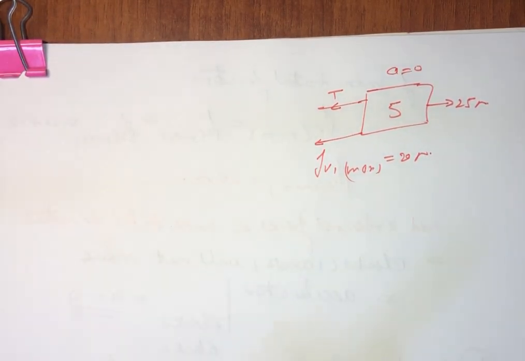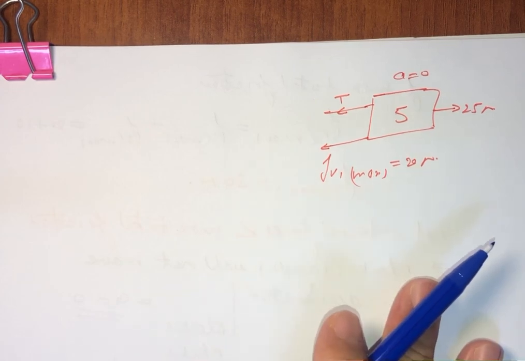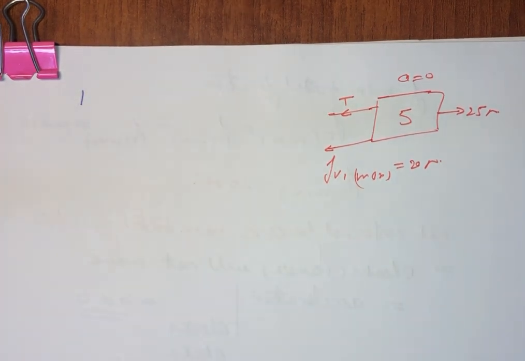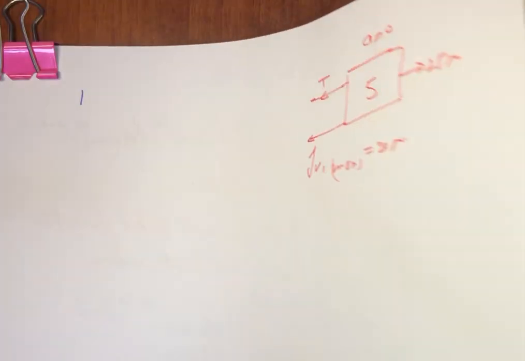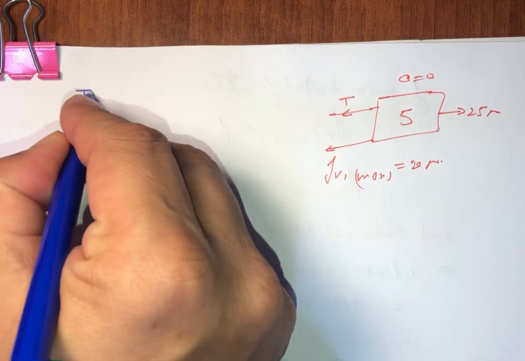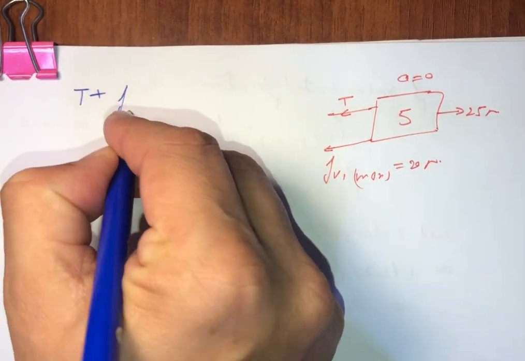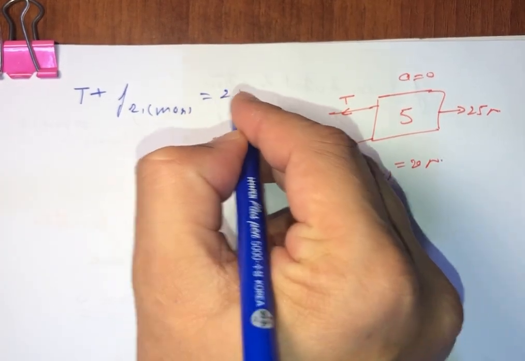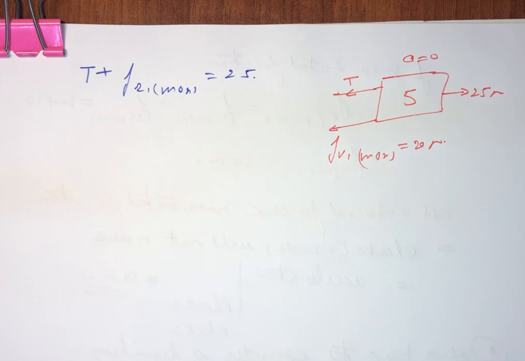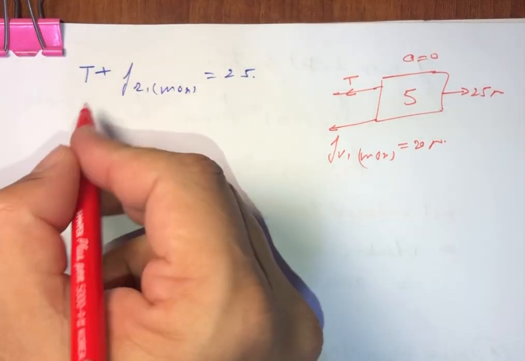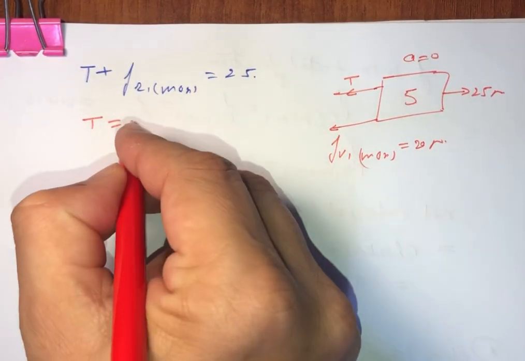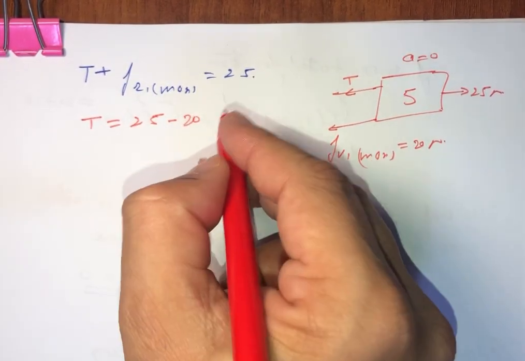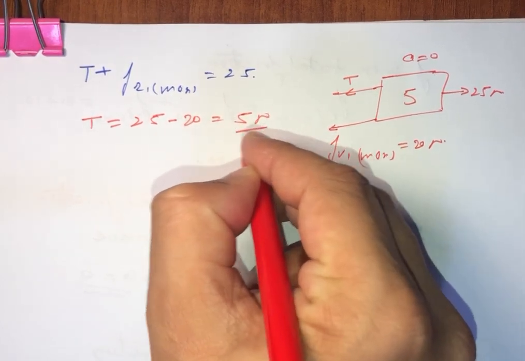Under this condition we can easily find out the value of T. So we can say T plus Fr1 max is equal to the applied force, that is 25. So from here T will be equal to 25 minus Fr1 max, that is 20, which is nothing but 5 Newton.